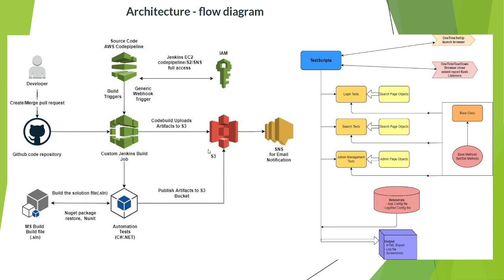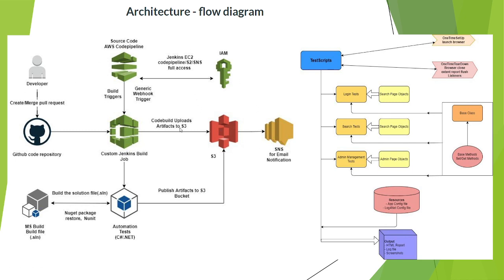Once it reaches S3, you can configure an SNS, Simple Notification Service, to send an email notification to the users. That's basically your CI/CD pipeline, which you can create like this.